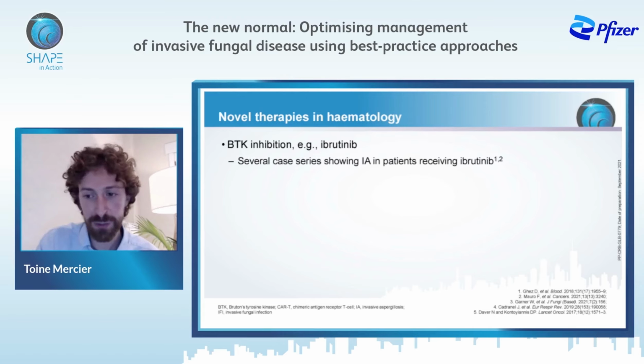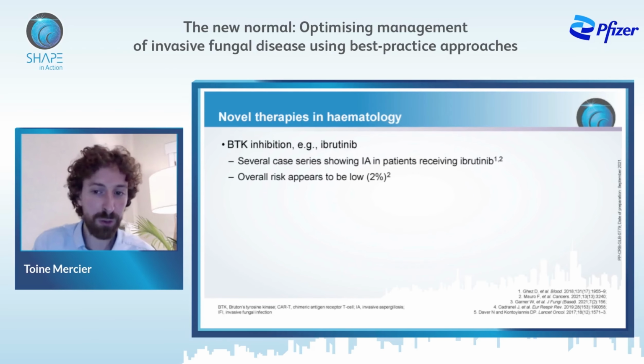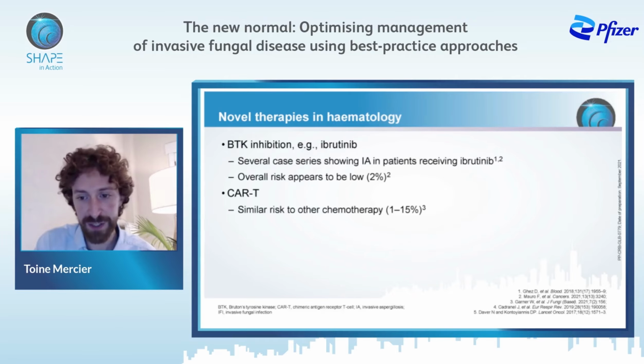So we only had absolute numbers, but no relative numbers. A while ago, luckily, there was a large series, and they reported a rather low risk of about 2%. So there is some risk there, but it's not a huge risk, luckily. But you do need to keep it in the back of your mind, even in a patient who is being treated with a BTK inhibitor in monotherapy.